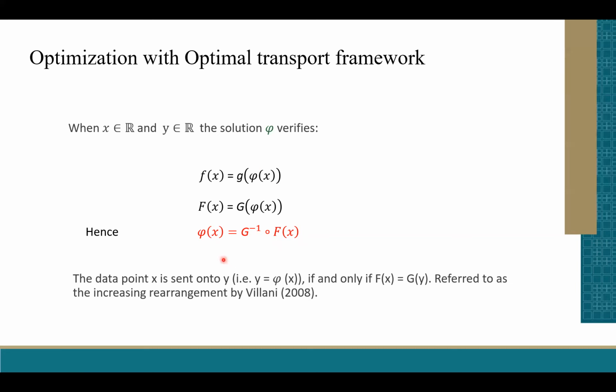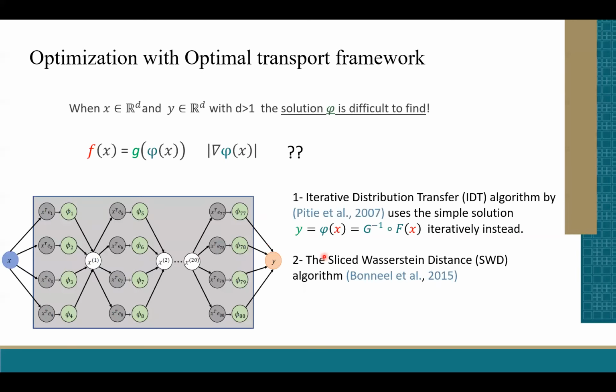We can find the solution using the PDF we estimated from a histogram, and we get the CDF, the cumulative, and we can induce the mapping using this simple equation. So here we present such an algorithm proposed in the literature that tackles high dimensions.